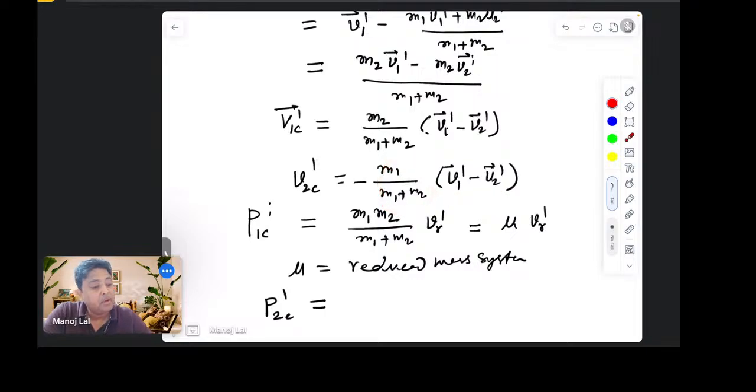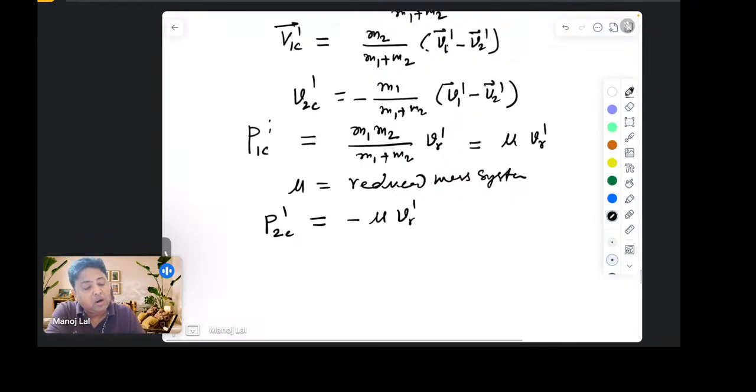This thing is the same, so this could be minus mu into V relative dash. So what we got is that P system is zero. In the center of mass frame, the momentum of each particle is equal and opposite, only this time it will be in a different direction.